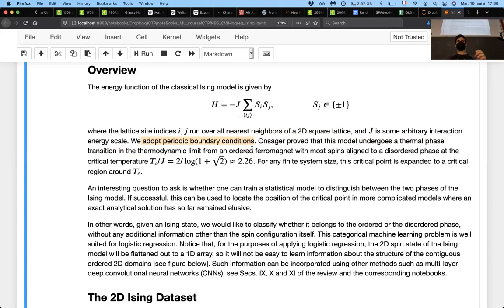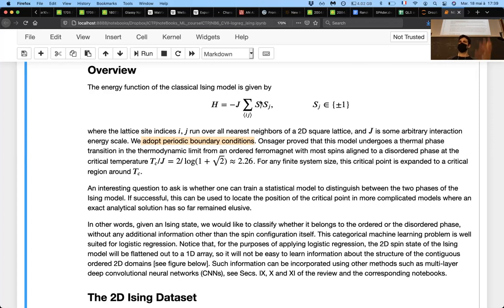And so before entering the detail, what are we going to do? For this specific model, there is someone extremely smart, whose name is Lars Onsager, who is a Nobel Prize in physics, and he got the Nobel Prize in good part because of this computation. He has been able to show that in this two-dimensional Ising model, when there is no external field, so really for this Hamiltonian which is written there, you have a phase transition at a certain temperature.